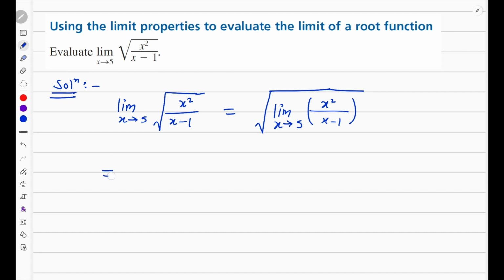Now I can take the limit of denominator and numerator separately. So it becomes limit x approaches to 5 x square over limit x approaches to 5 x minus 1.